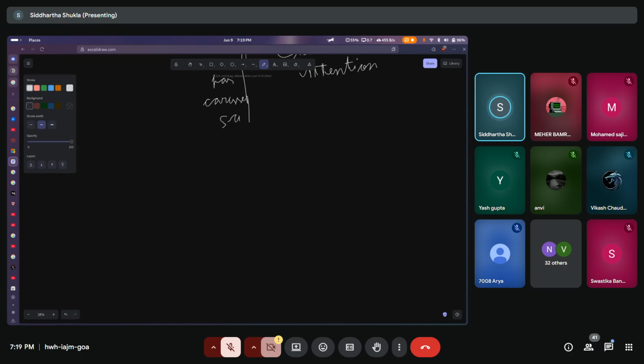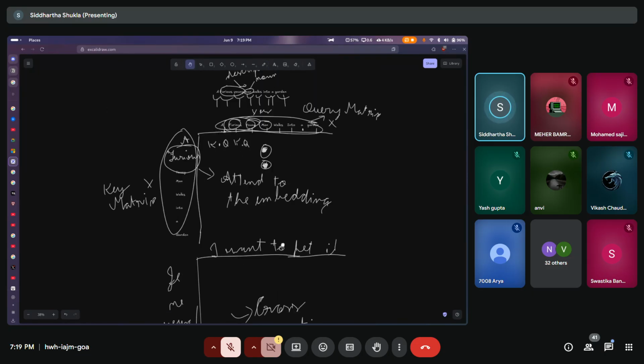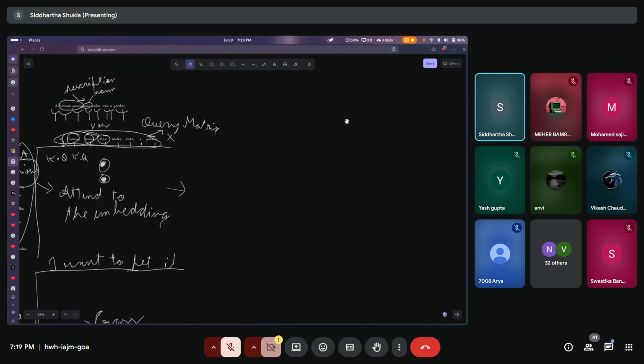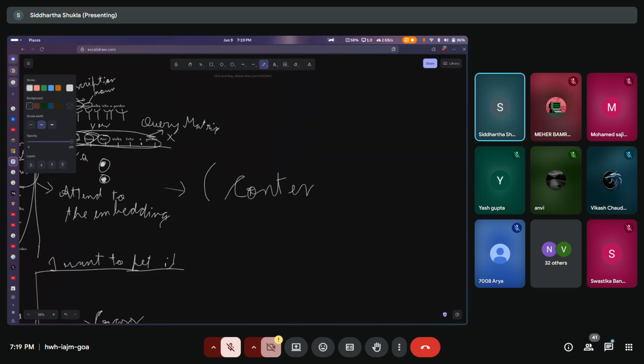Coming back, one more thing: the size of this attention matrix. I told you guys this yesterday as well. The size of this is the square of the context window.